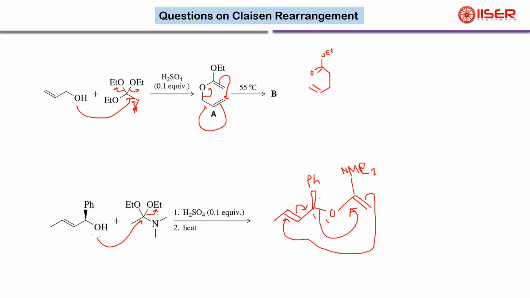As stereochemistry is a concern here, they have already shown the stereochemistry of the chiral center, so it will be better if we draw it via the Zimmermann-Traxler transition state. So this is the NMe2 group here.